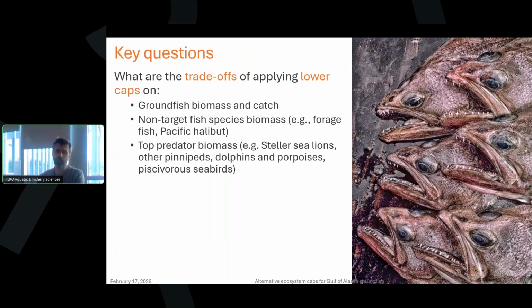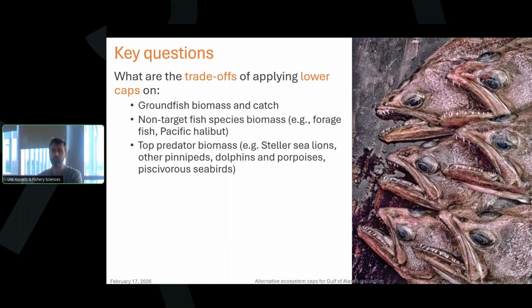So what we looked at was what are the trade-offs of applying lower caps on the groundfish complex itself, so groundfish biomass and catch, but also the non-target fish species. So for instance, forage fish, and I'll touch on what those species are, as well as non-target species such as Pacific halibut.